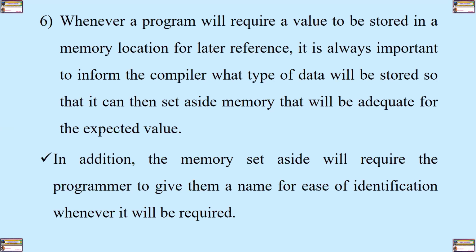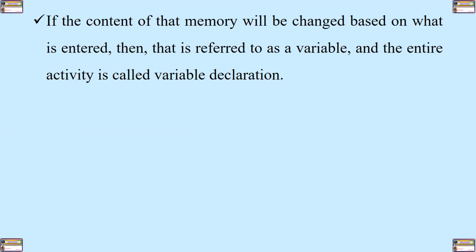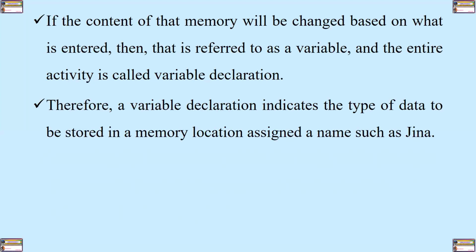In addition, the memory set aside will require the programmer to give it a name for ease of identification whenever it will be required. If the content of the memory will be changed based on what is entered, then that is referred to as a variable, and the entire activity is called variable declaration.